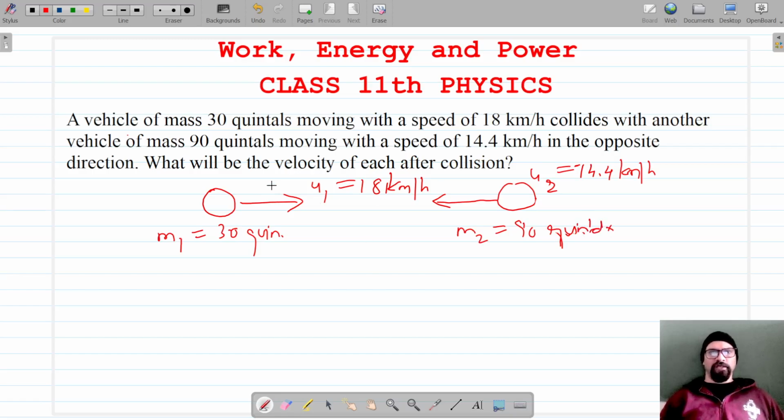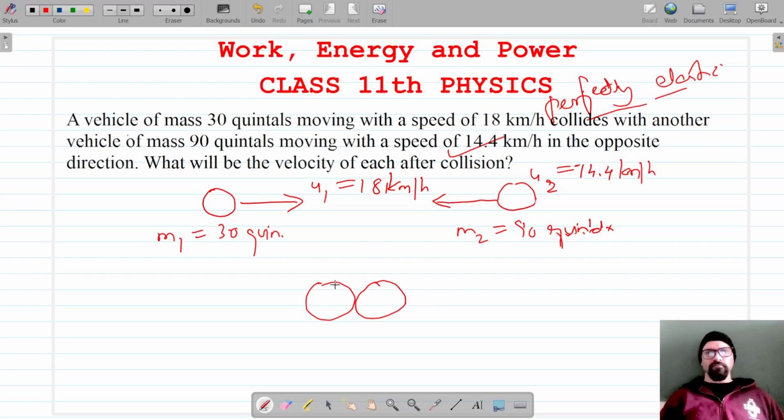Now they both collide and we have to find the velocity of each after collision. So let's say both these collide and the collision is perfectly elastic, because the type of collision is not given in the question, so we are going to assume it to be a perfectly elastic collision.